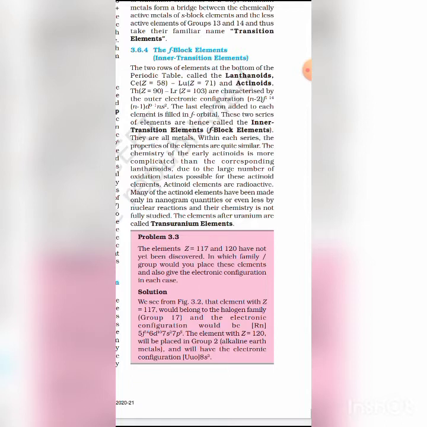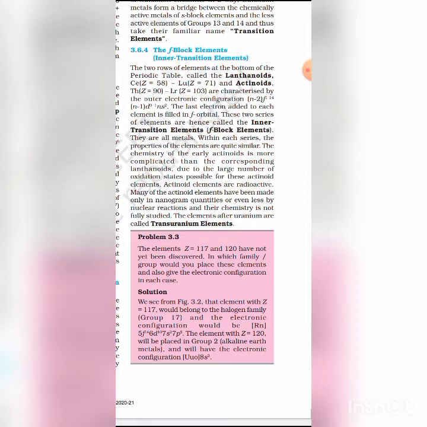Actinoids show a large number of oxidation states, whereas lanthanoids show predominantly +3 along with +2 as well as +4. Elements after U92 are synthetically prepared, man-made elements, and they are called transuranium elements.